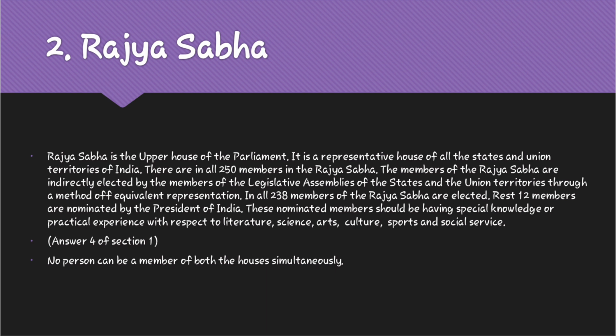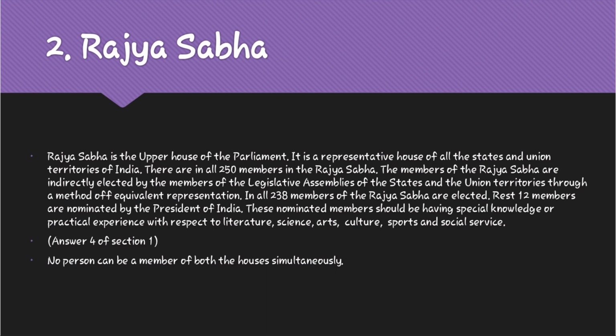One question is there: why is the President nominating 12 members to Rajya Sabha? What is the reason? These members are supposed to give their suggestions and knowledge to the President of India to help in ruling. For example, these 12 members will be eminent people from various fields.